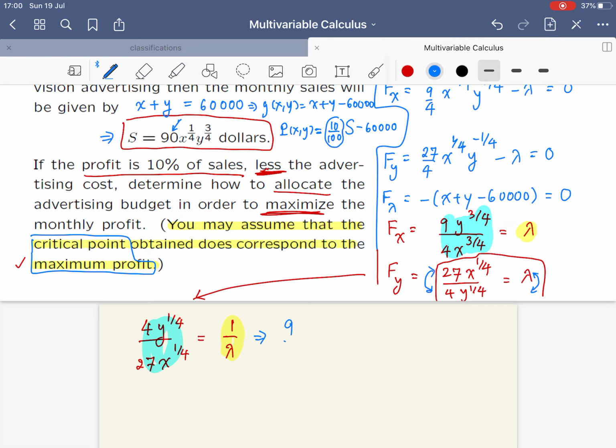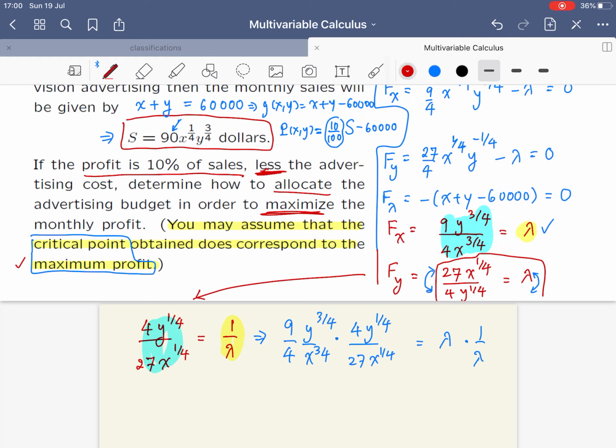You have 9 over 4 y raised to the power 3/4 over x raised to the power 3/4, and this equals lambda, using f sub x. But then the other one is 4 y raised to the power 1/4 over 27 x raised to the power 1/4, and this one equals 1 over lambda.